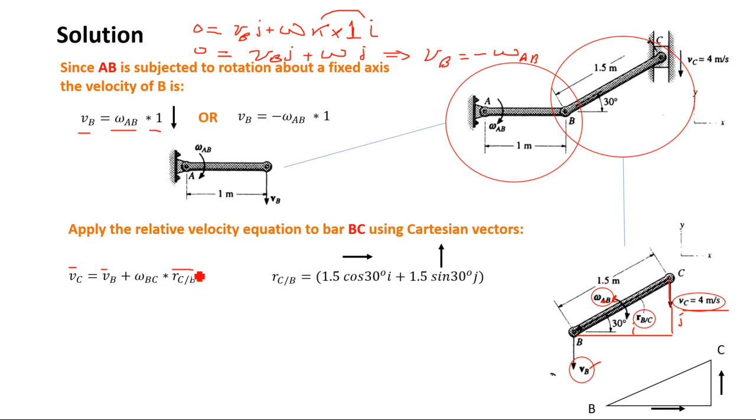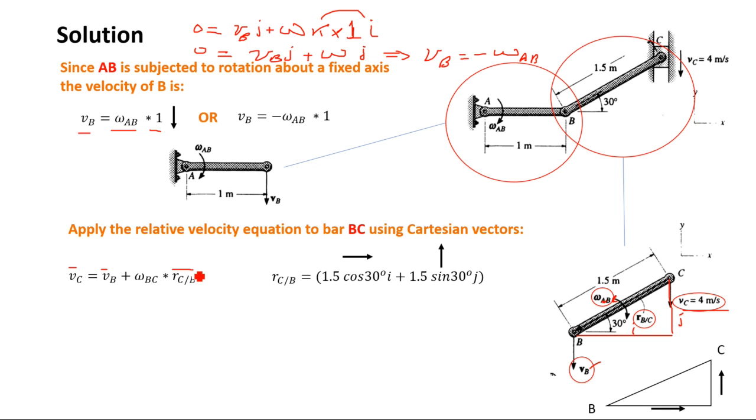Now I can substitute the values I have. For RCB, it's 1.5 cosine 30 i plus 1.5 sine 30 j.